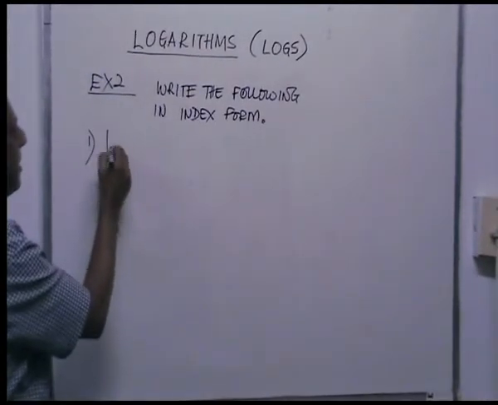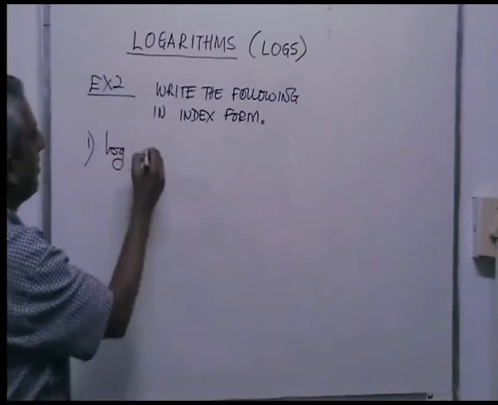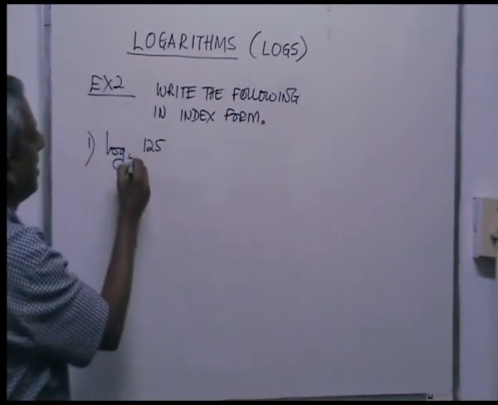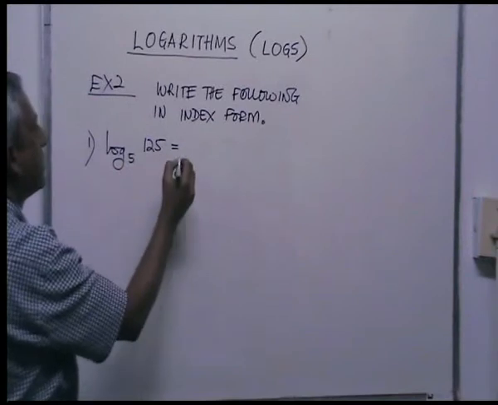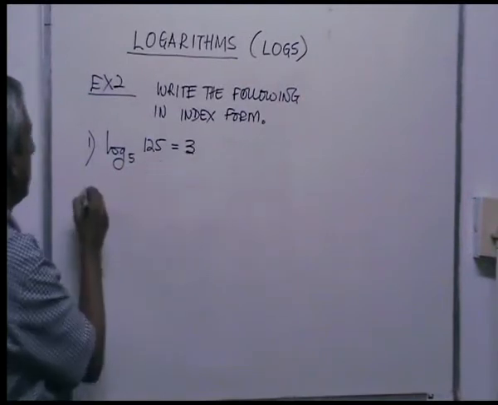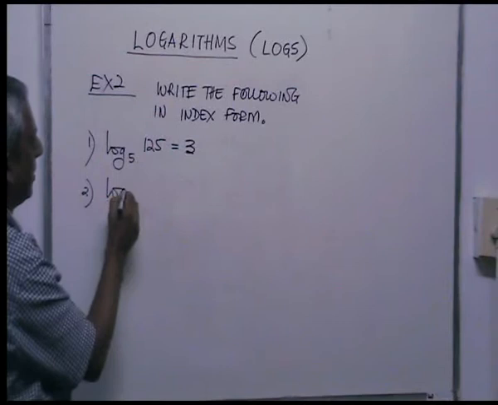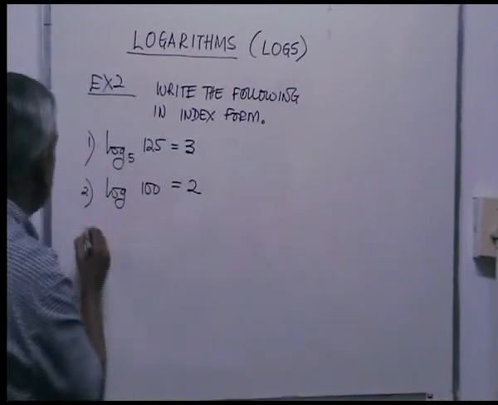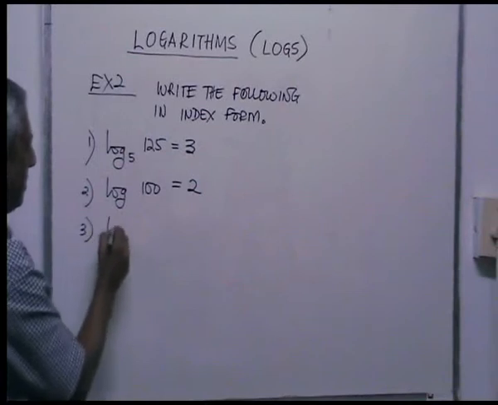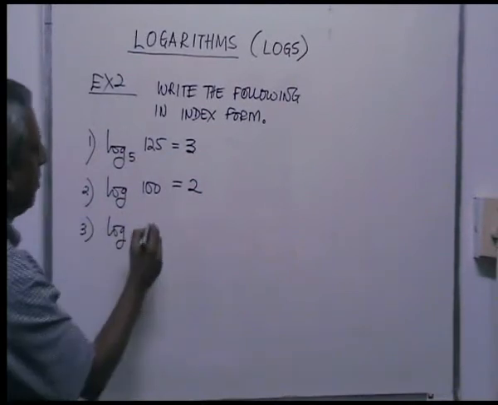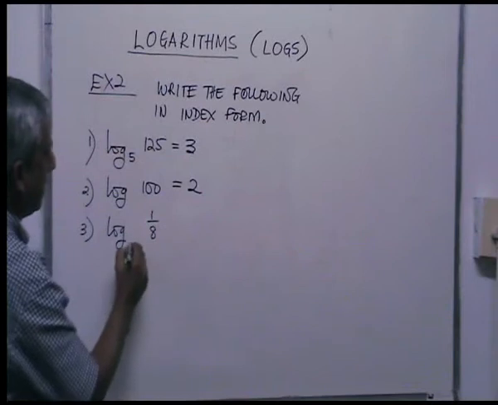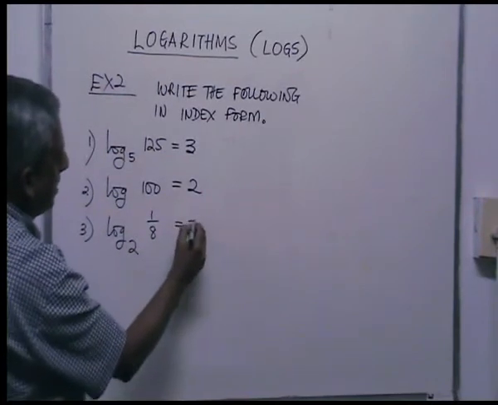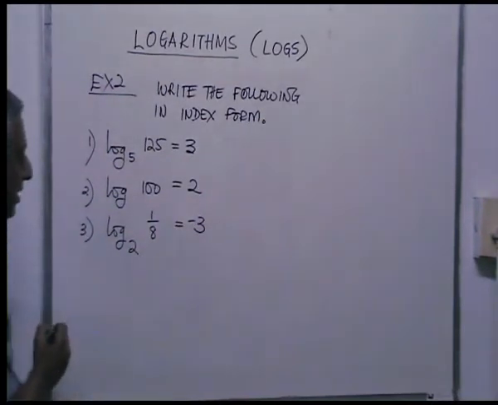So let's see. Number 1, log of 125 to the base 5 is equal to 3. Number 2, the log of 100 is equal to 2. Number 3, the log of 1/8 to the base 2 is equal to minus 3.